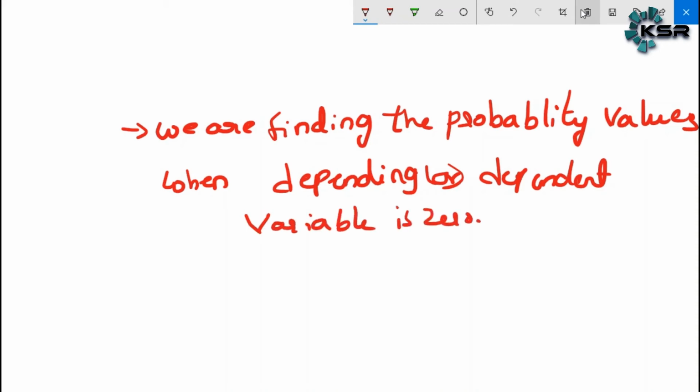So simply we can say, what is the probability value when the dependent variable is 0 or 1.